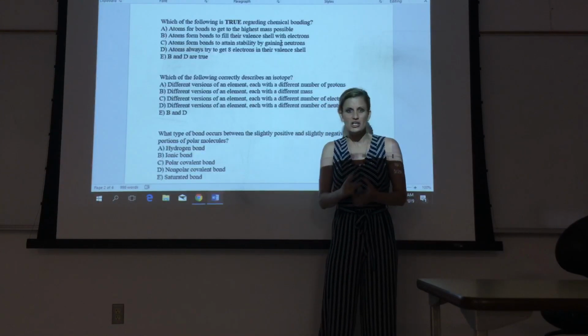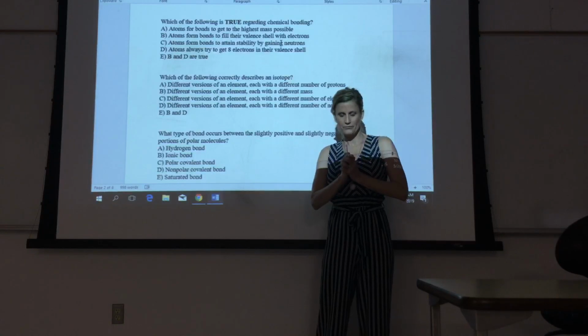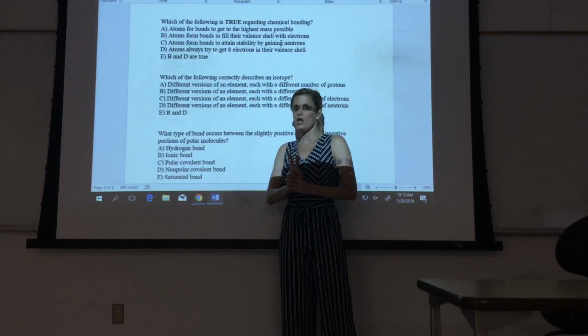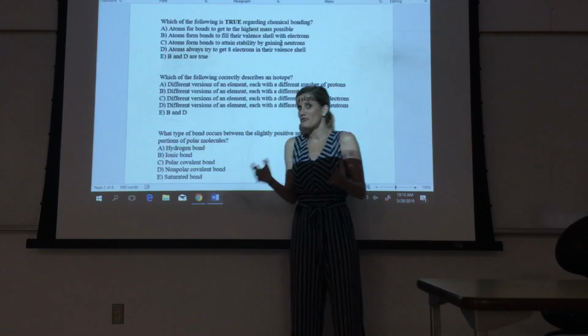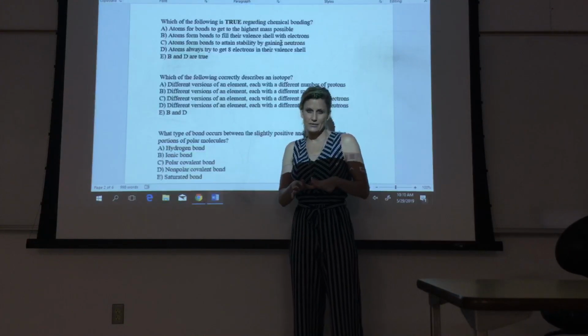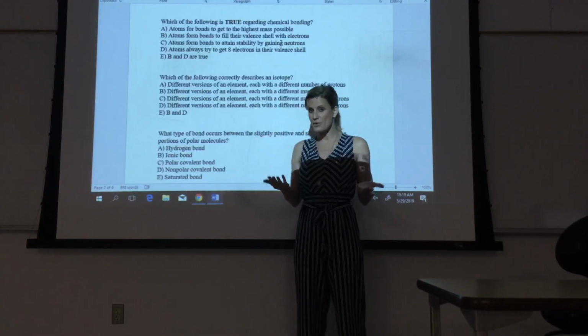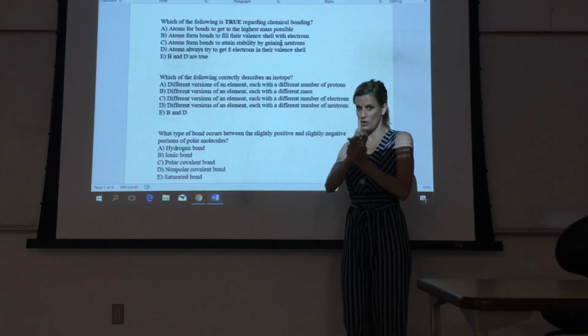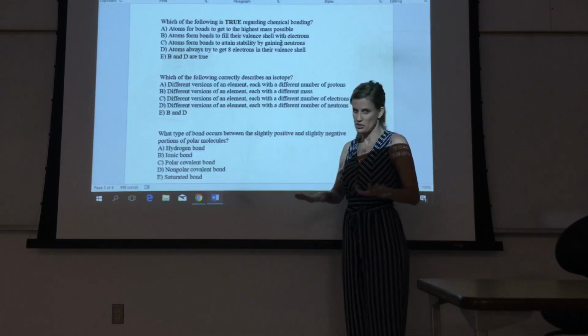But what if their valence shell is the first energy shell? Remember, that first energy shell only holds 2 electrons. So if that's the case, they only want 2 electrons in their valence shell. So we can't say that it's always 8. If it's the second or third shell, yeah, we want to put 8 in there, but not always. Because again, the first shell only holds 2 electrons, so that would not be true.